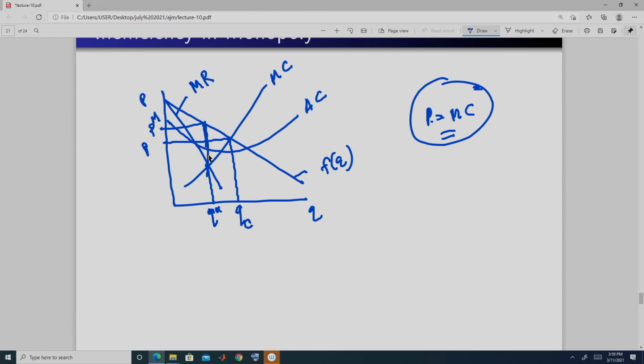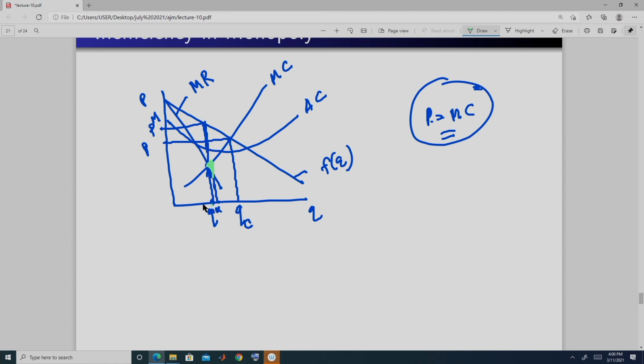Here this is the monopoly price, the optimal or profit maximizing price, but suppose the firm is producing this much, then see the extra revenue it is getting is this much, and this is the cost. So there is a net loss, that is why the profit maximizing is this.